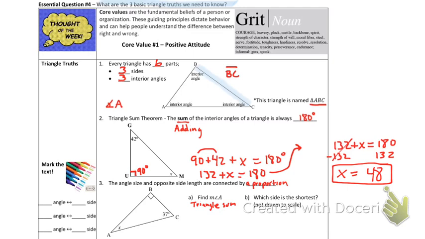So for example A, we're using the triangle sum theorem, which says we're going to add up all the angles. So I'm going to add up angle A, which is x, plus angle B, which is 90, plus angle C, which is 37, and we're going to set it equal to 180 degrees.